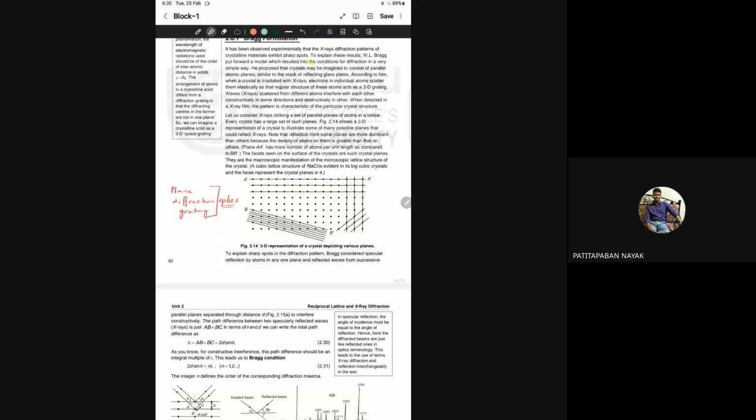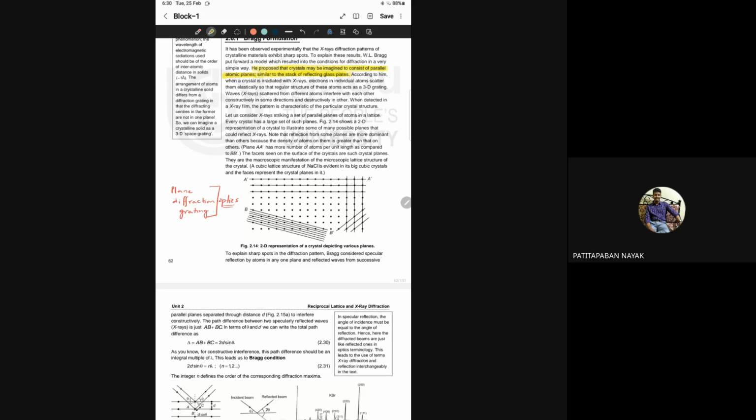He proposed that crystals may be imagined to consist of parallel atomic planes, similar to a stack of reflecting glass plates.